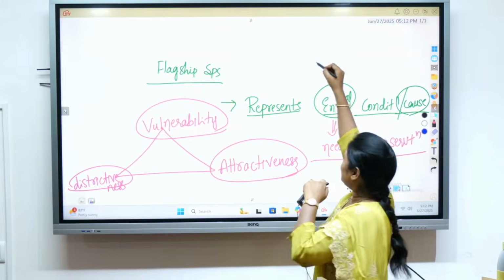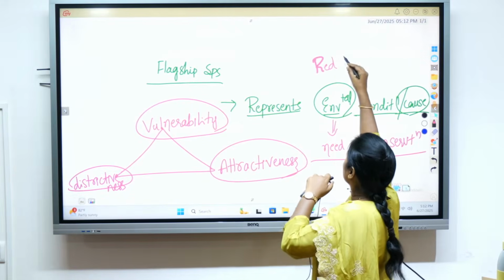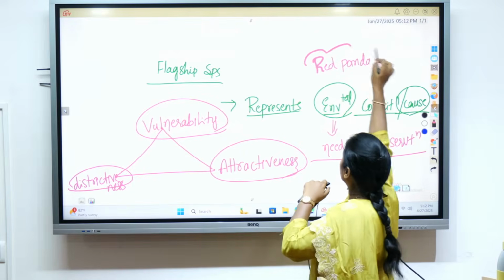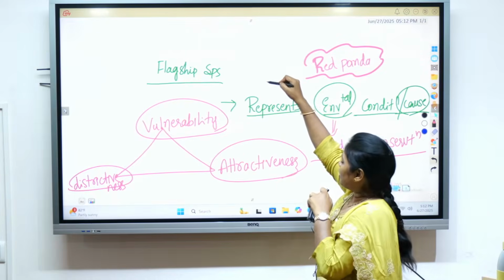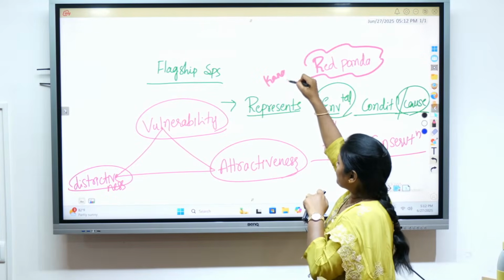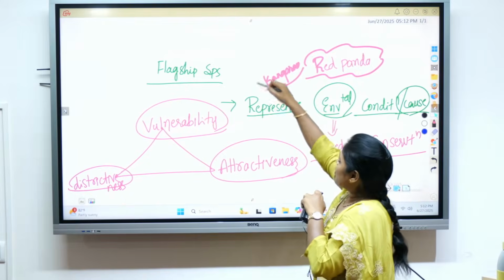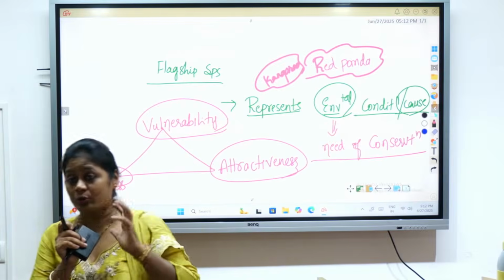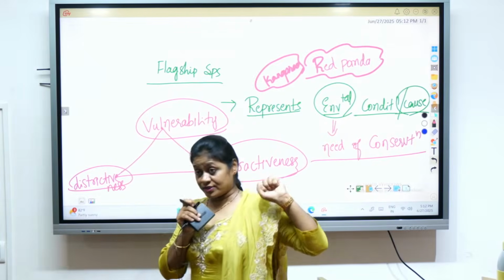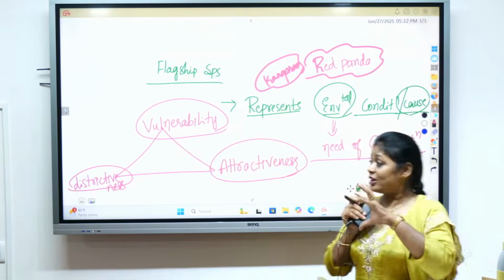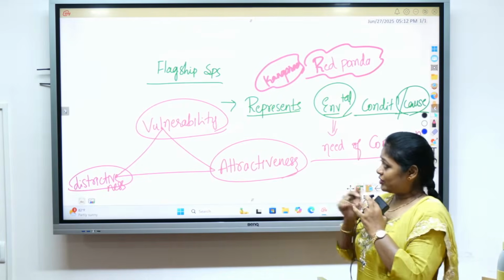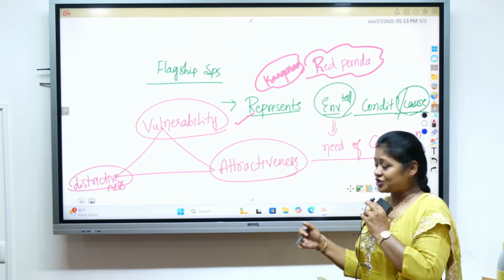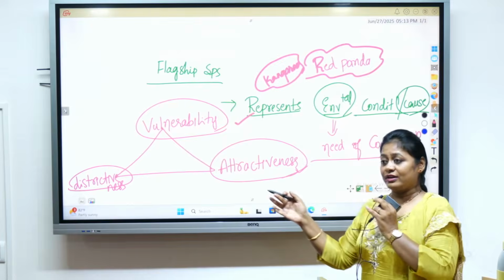For example, environmentalists go for protecting that particular species, like the red panda or the kangaroo. They are known as flagship species. They are protected because of their vulnerability, the threats posed by environmental conditions, their attractiveness and their distinctiveness.